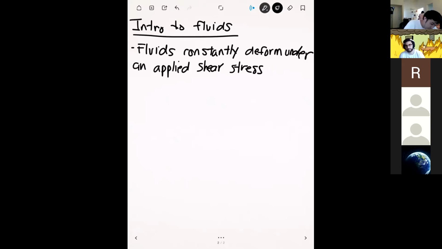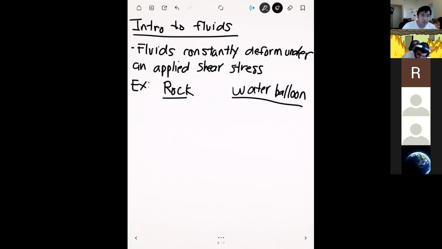So let's compare. Let's say that you have a rock, okay? And then you also have a water balloon, okay? The rock is unequivocally a solid object, right? If you take your rock and try to squeeze it with your hands or try to twist it, unless you're the Hulk, you're not really going to be doing much to that rock.